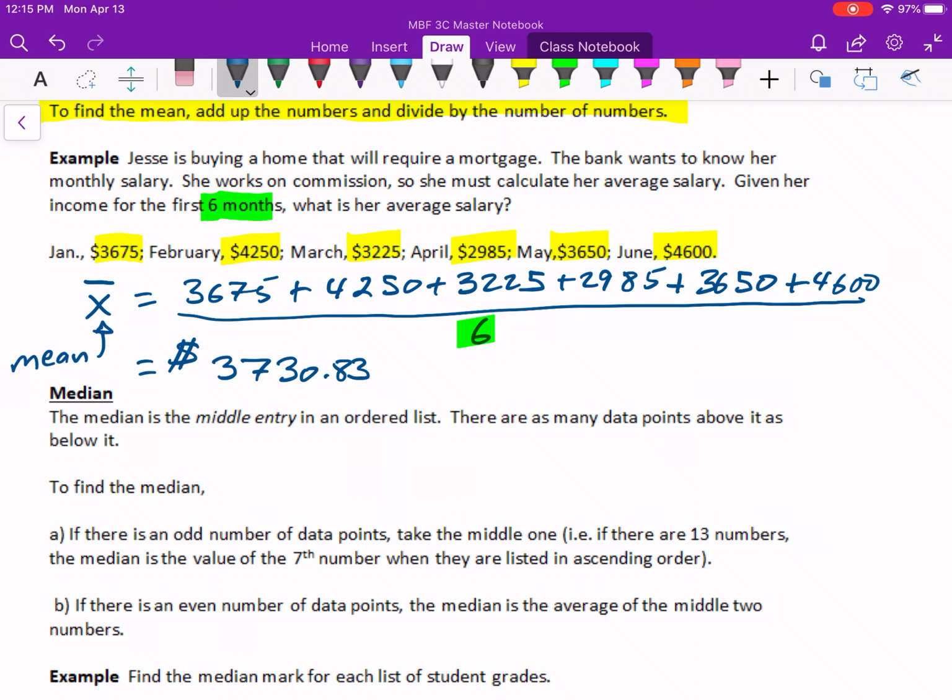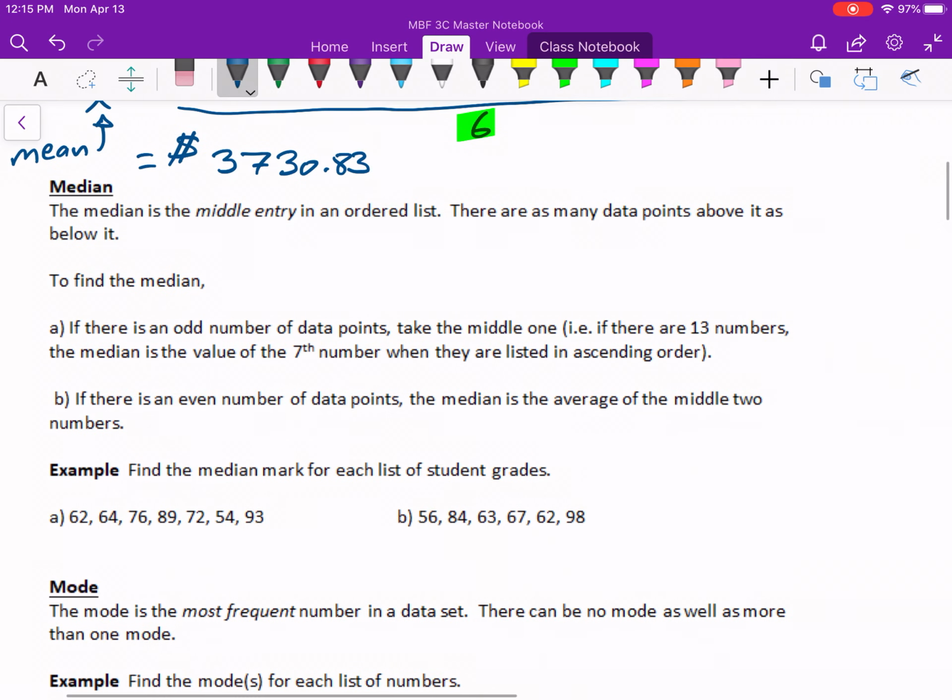One month, the lowest month, April, she only made less than $3,000. Her highest month, which was February, she made $4,250. So this is the middle between it. It's not exactly halfway between $4,250 and $2,985. It's when we add them all up and then divide by the number of numbers. So that's one measure of central tendency.